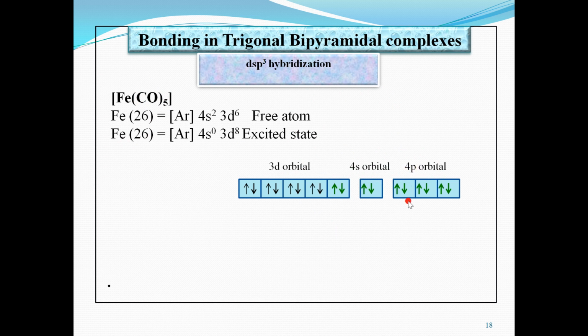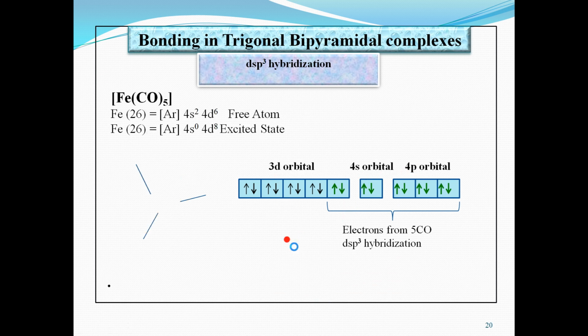So the electrons occupied by these 5 carbonyl ligands go into these Fe orbitals, that is 3d, 4s and 4p, and it undergoes dsp3 hybridization because 1 d orbital is utilized, 4s and 3 4p orbitals are used.